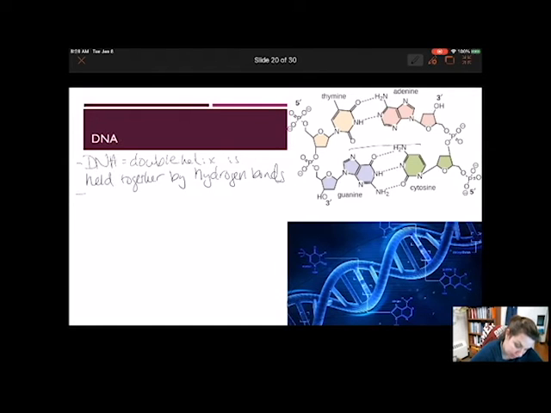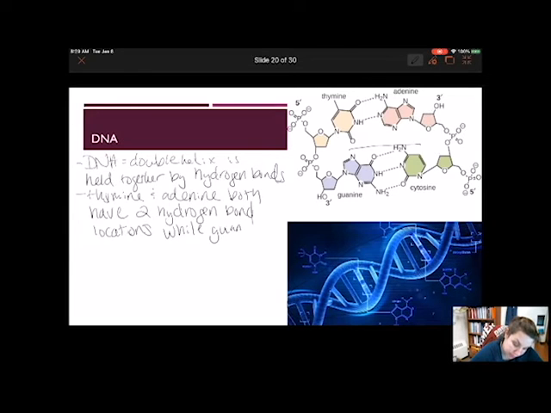And like I said, thymine and adenine both have 2 hydrogen bond locations, while guanine and cytosine both have 3.